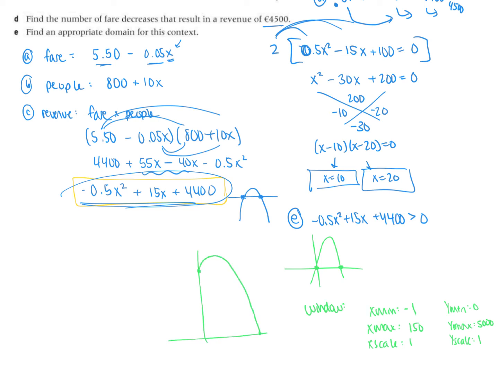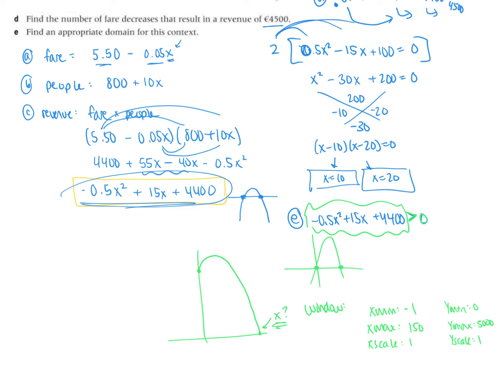So what we need to find now is the x value, and remember the x value is the number of fare decreases, and this is the revenue. We want the revenue to be greater than 0, so we need to figure out how many fare decreases we can have so that our revenue will still stay greater than 0. To find this, I'm going to press second calc number 2, which is zero.